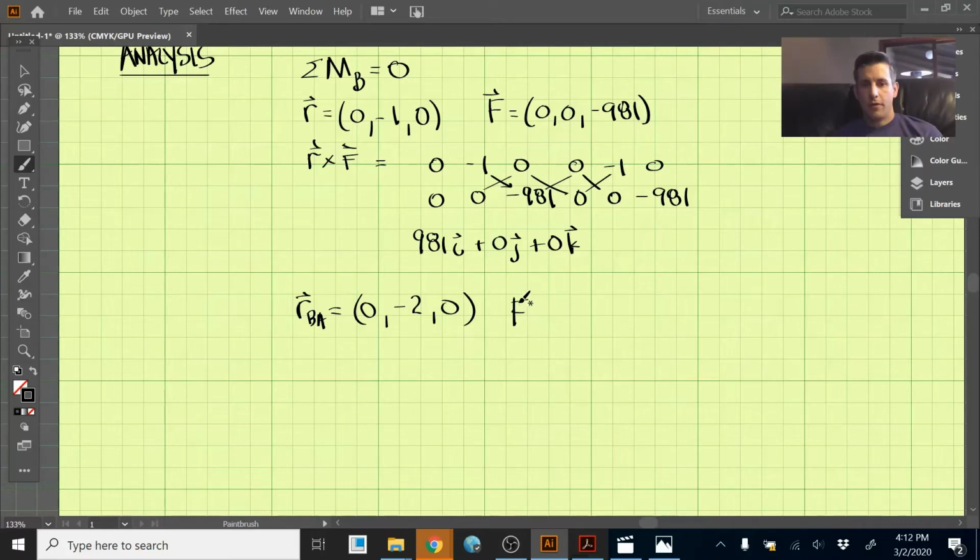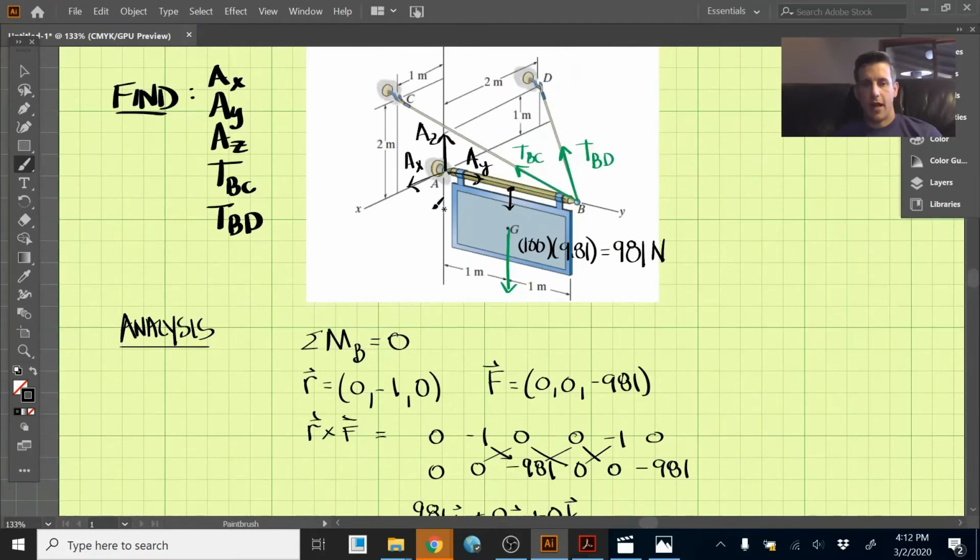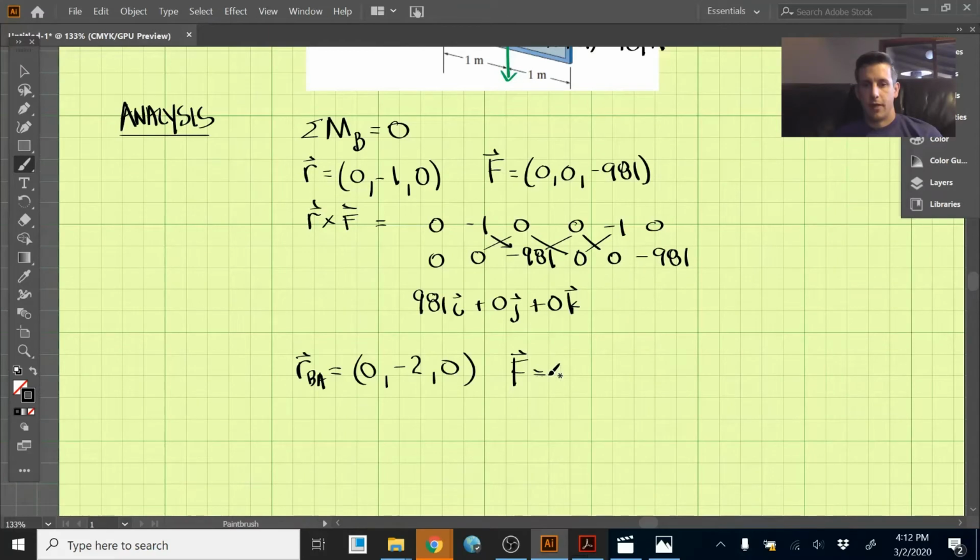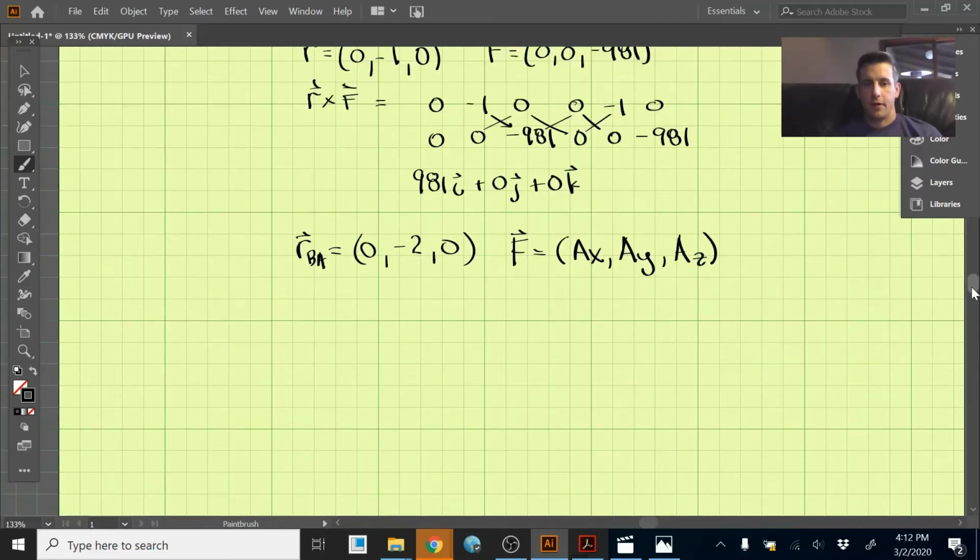And then our forces acting at point A, we have our AX, AY, and AZ. So we have AX in the I direction, AY in the J direction, and AZ in the K direction.